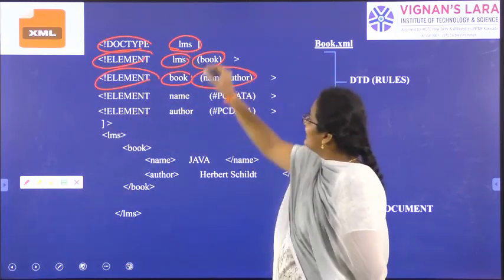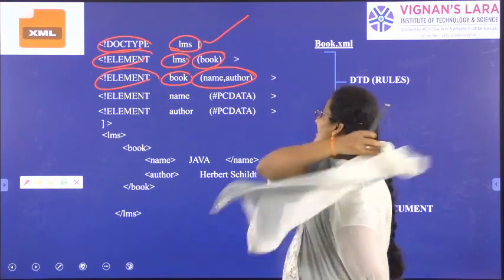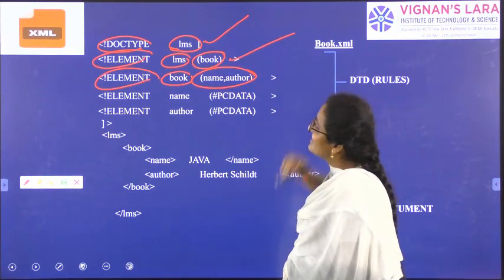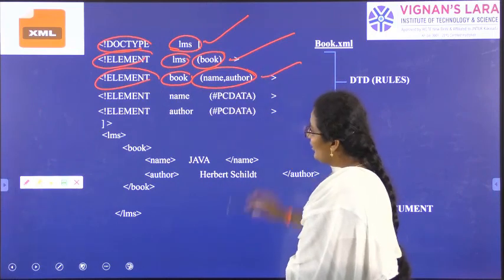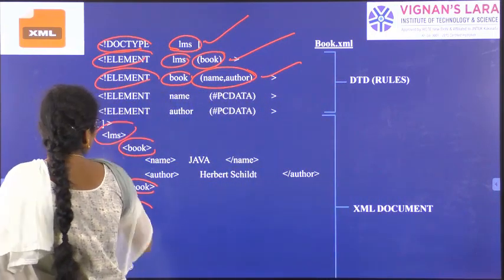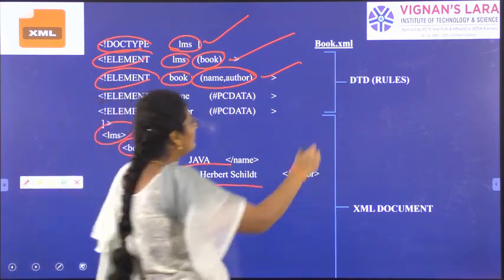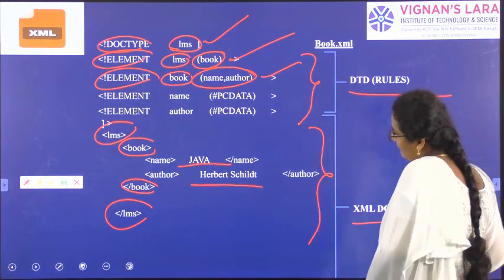So declaration of internal DTD, document type LMS. Declaration of element, LMS, book. Declaration of attributes, element book, name and author. All tags we have opened, we closed, and book name is Java, author is Herbert. So these statements are DTD rules, rest of the program is XML document.